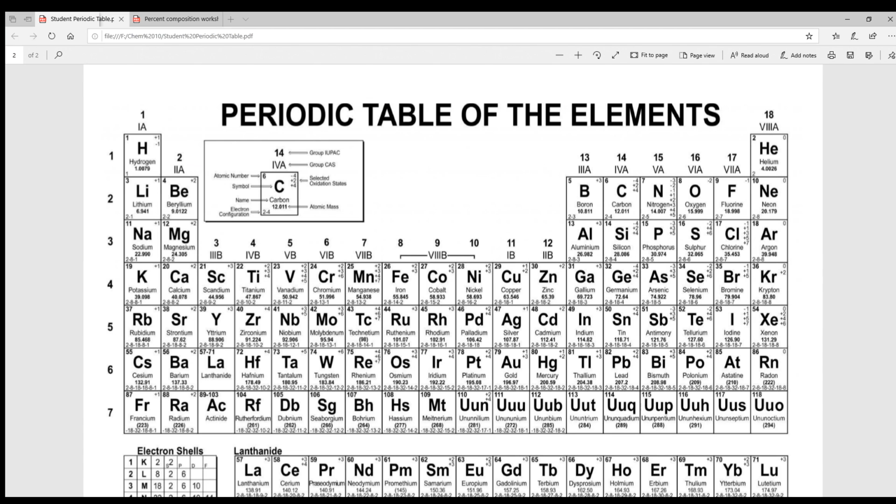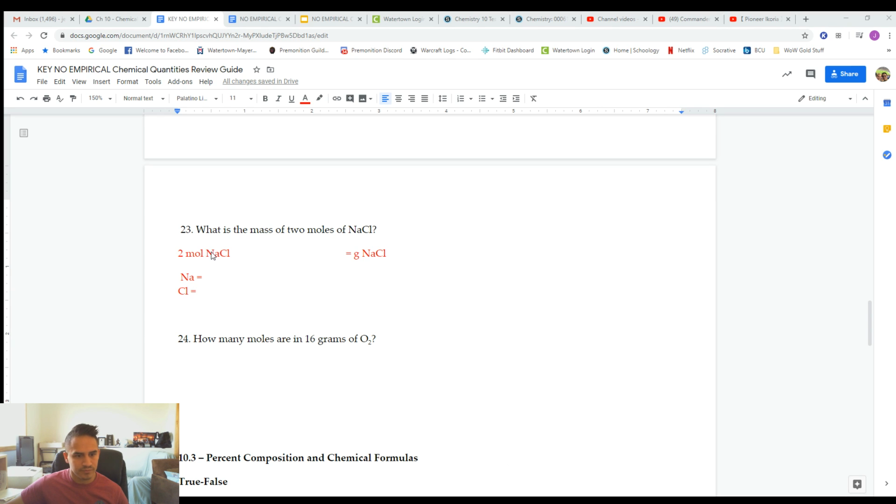So let's go real quick look at our periodic table. Sodium has a mass of about 23, so 22.9, we'll just say it's 23. Chlorine is 35.453. If it's in the middle like this, like 35.5, we don't really want to round up to 36 or round down to 35. So I'm just going to keep this as 35.5. So let's go back to our review guide. Let's add these in.